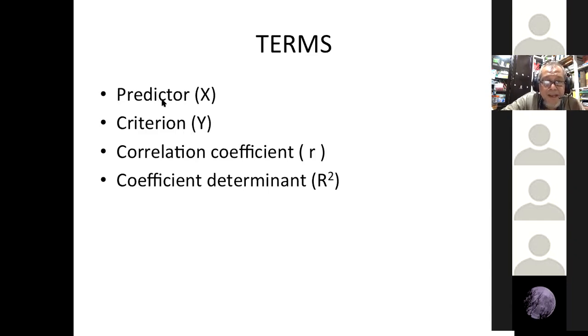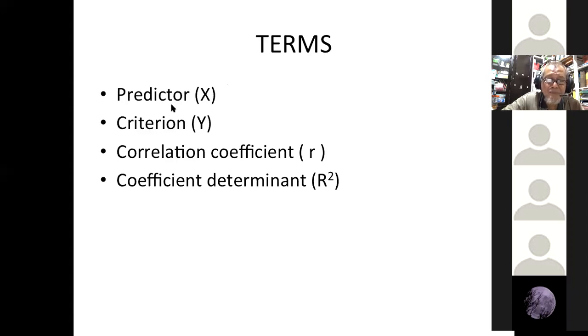The predictor is the variable that we can use to predict the criterion. For example, the predictor or the independent variable is the size of vocabulary that the students have, and then the reading ability. So we can predict the reading ability of the students when we know their level of vocabulary size.